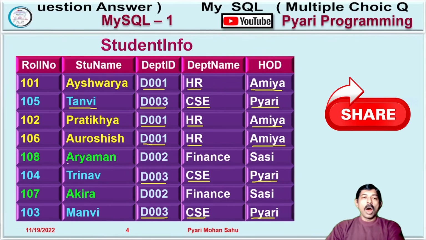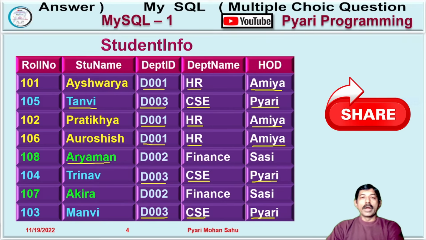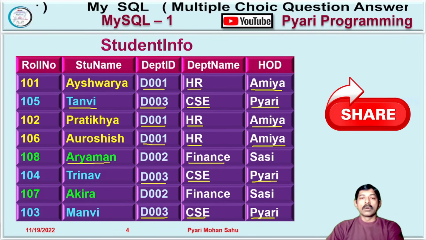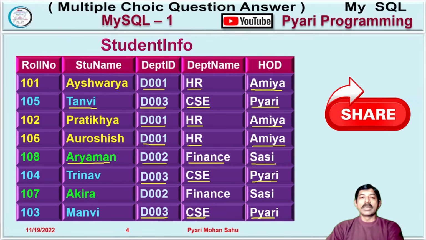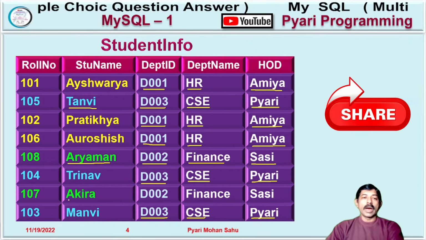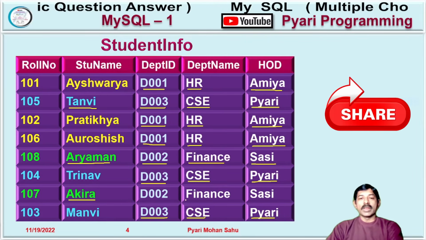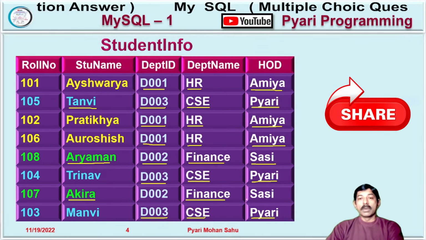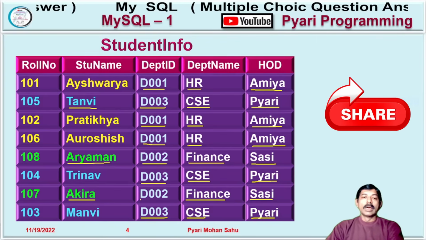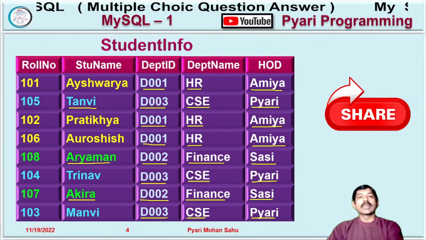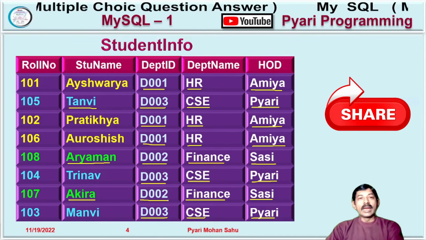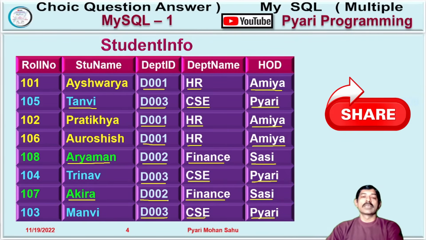Next is Aryaman, a student who belongs to the finance department, whose department ID is D002, headed by Sasi. Another student Akira also belongs to the finance department, so its HOD must be Sasi and department code must be D002. In this case, data integrity is maintained and data is consistent.